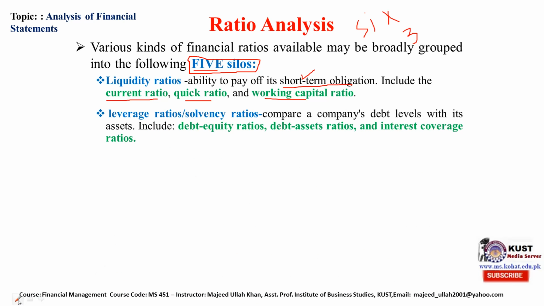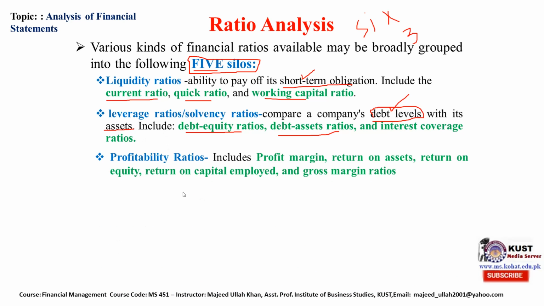Leverage ratio. What is a leverage ratio? A leverage ratio compares the company's debt level with its total assets, showing how much of the assets are financed by debt. It includes the debt to equity ratio, debt asset ratio, and interest coverage ratio.